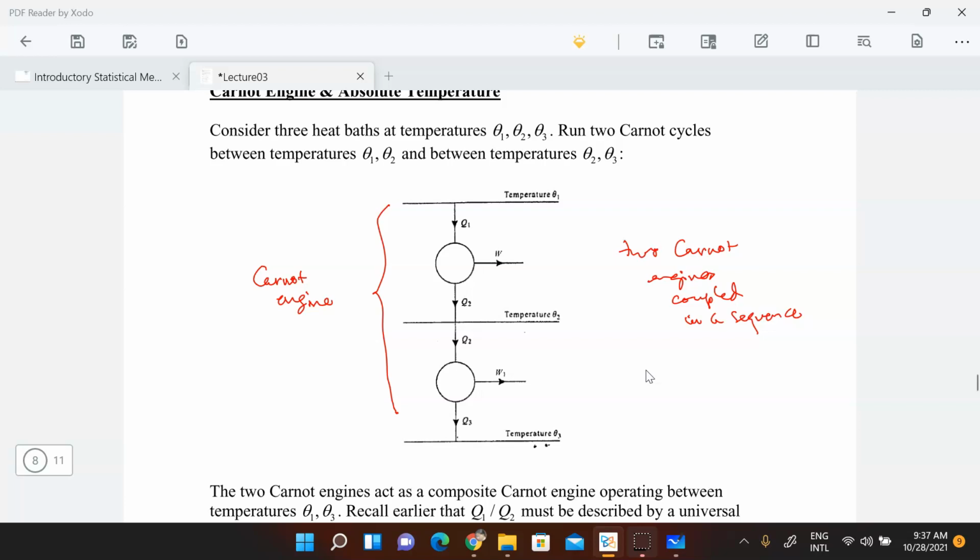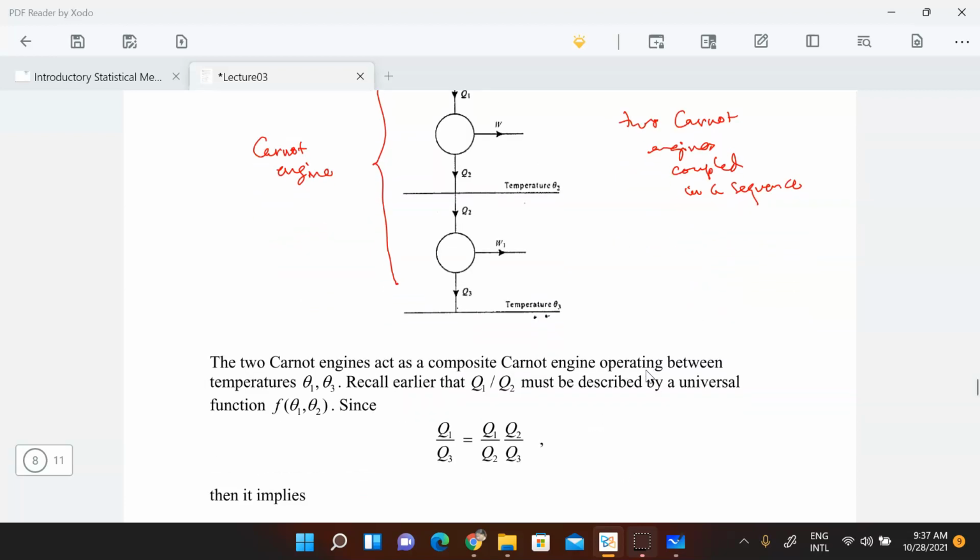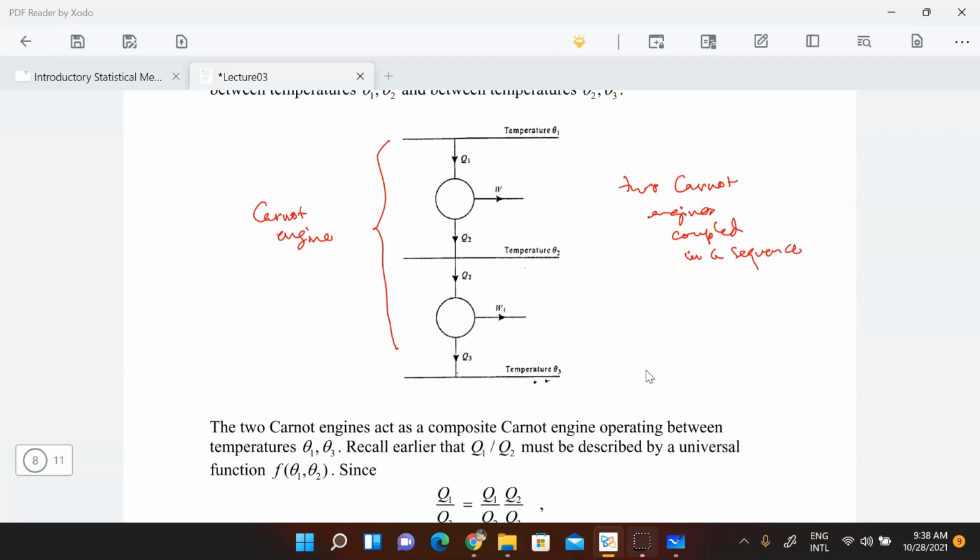Here we assume that theta1 is greater than theta2, and theta2 is greater than theta3. So one can think of the whole system, the composite Carnot engine, as actually operating between theta1 and this lower temperature theta3.